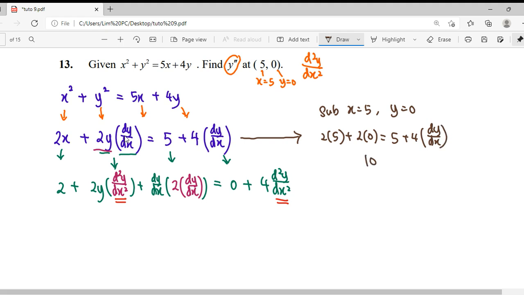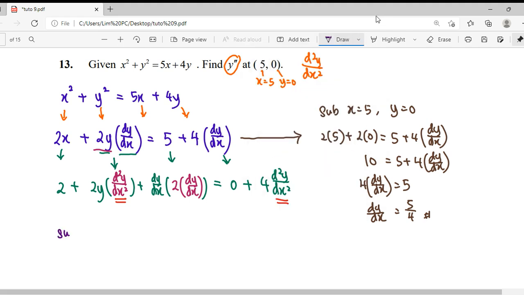So here we have 10. So 4 dy dx equals 5, dy dx equals 5 over 4. Finally, we get everything complete, all our values.